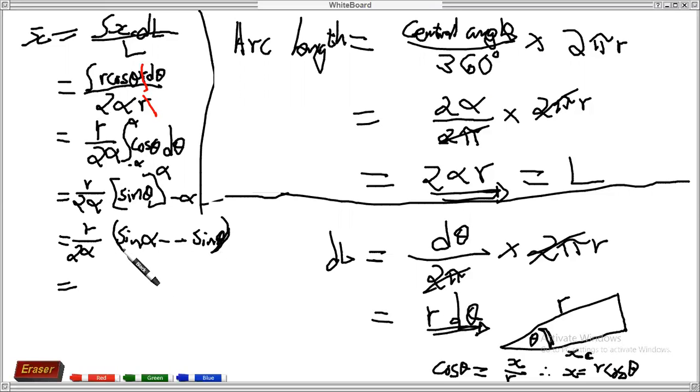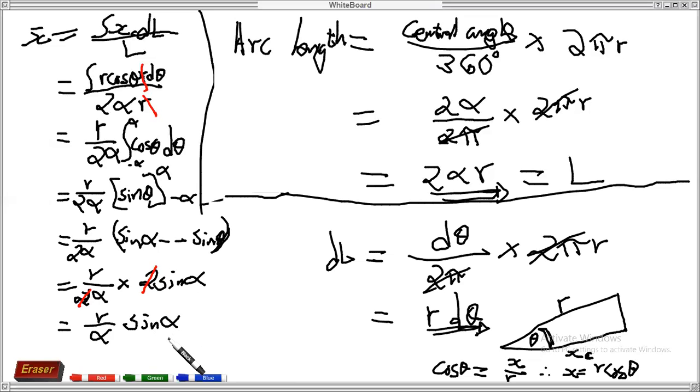Sin plus sin becomes 2 sin. So this will become R over 2 alpha times 2 sin alpha. These two cancel with these two, and you are left with R over alpha sin alpha. It's a solution.